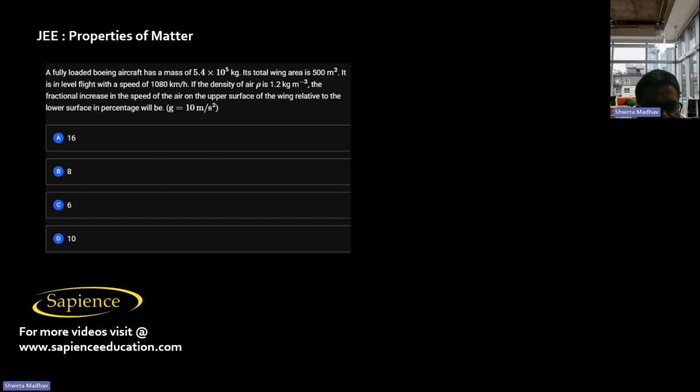Then here it is told a fully loaded Boeing aircraft has mass 5.4 into 10 power 5 kg. Its total wing area is 500 meters square.